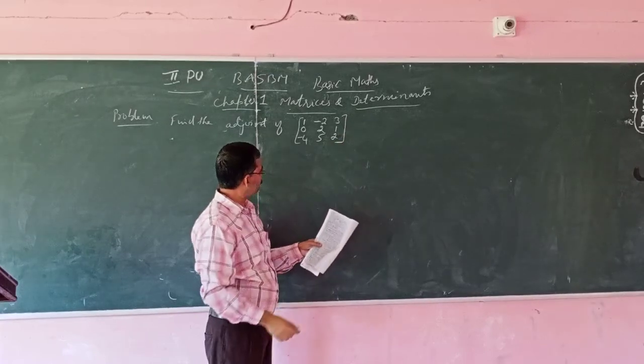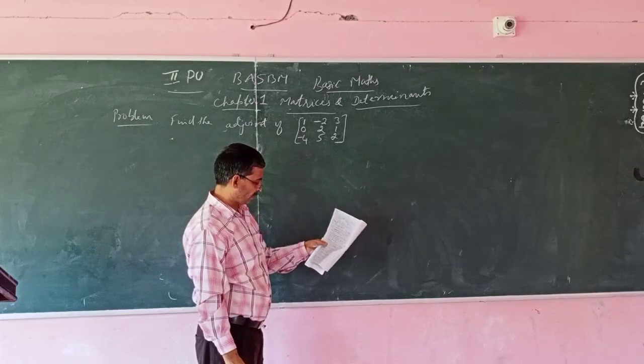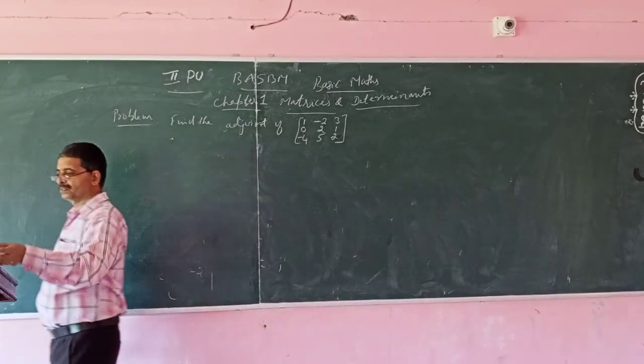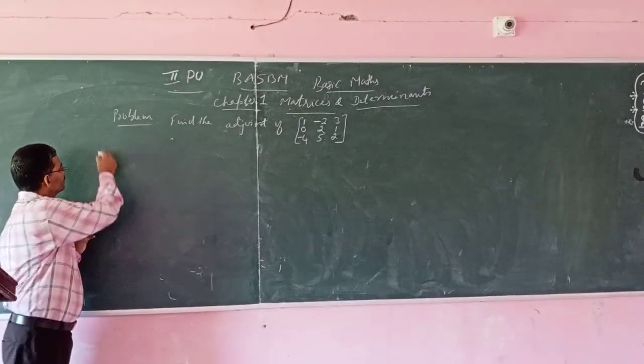So find the adjoint of 1 minus 2 3; 0 2 1; minus 4 5 2. Again the same method. So the answer is like this.